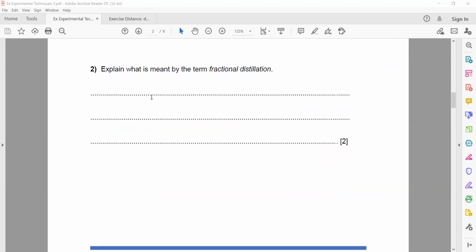Then in question 2, they're asking what is meant by the term fractional distillation. So basically, you have to write the definition of fractional distillation. So fractional distillation is simply separating the substances on the basis of boiling point.